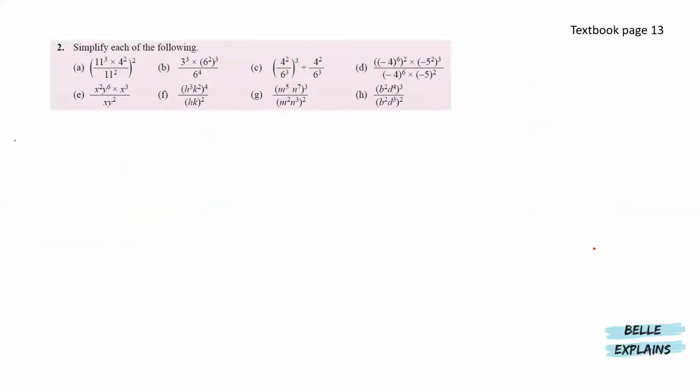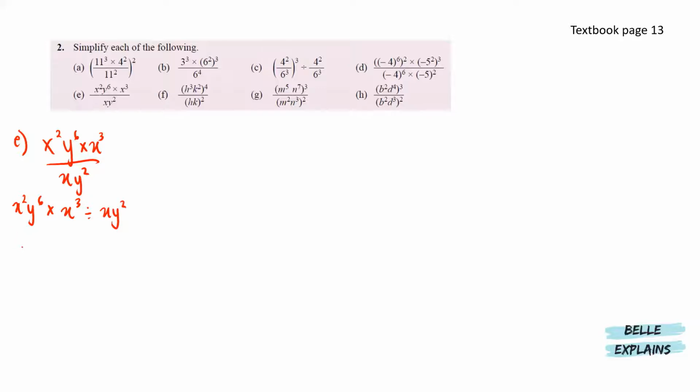Next we have E. x to the power of 2, y to the power of 6 times x to the power of 3 over x, y to the power of 2. Okay, so here we'll write it in a one-line sentence: x to the power of 2, y to the power of 6 times x to the power of 3 divided by x, y to the power of 2.